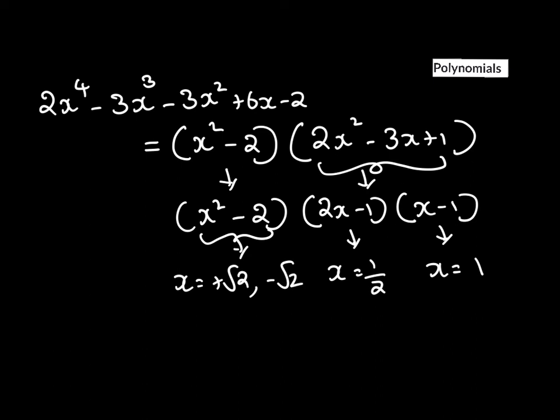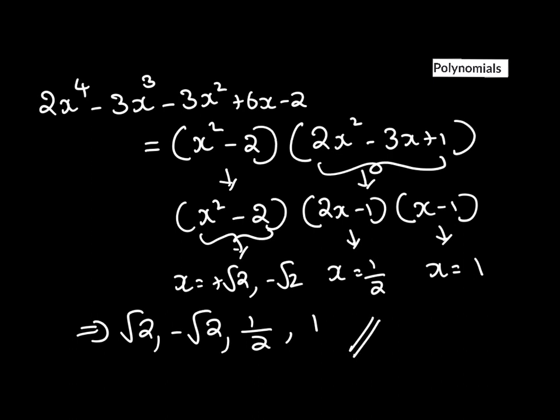So the four zeros of the polynomial are root 2, minus root 2, half, and 1. So when any one or two zeros of the polynomial are given, we can find the other zeros of the polynomial by dividing the polynomial and then, if necessary, factoring the quotient.